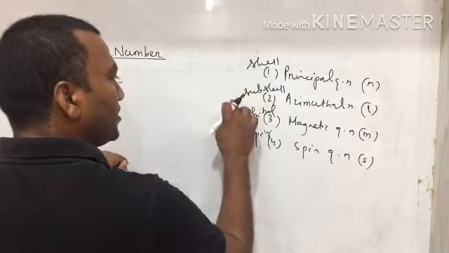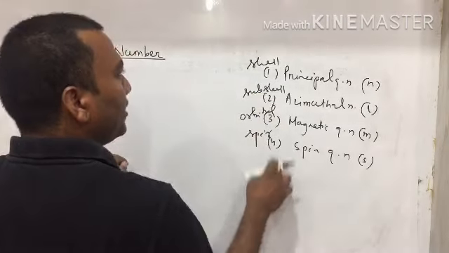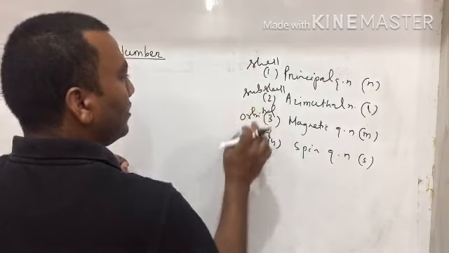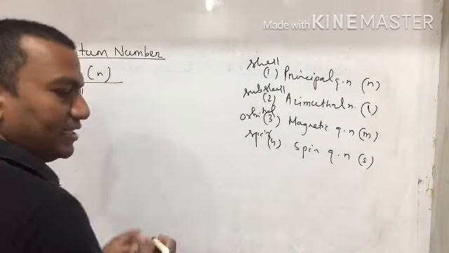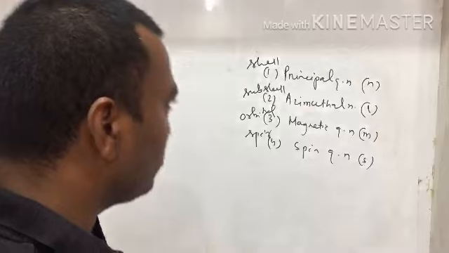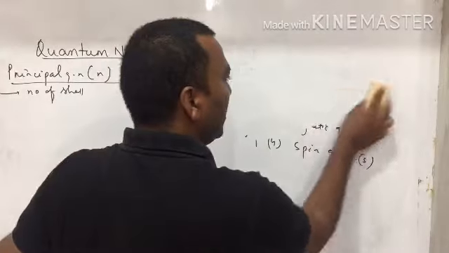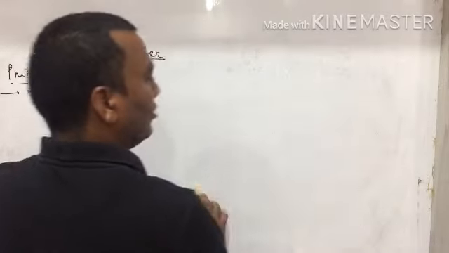Cell, subcell, orbital, spinning. India, Odisha, Bhubaneswar, CRPF square, like this. So quantum numbers explain everything about the electron.